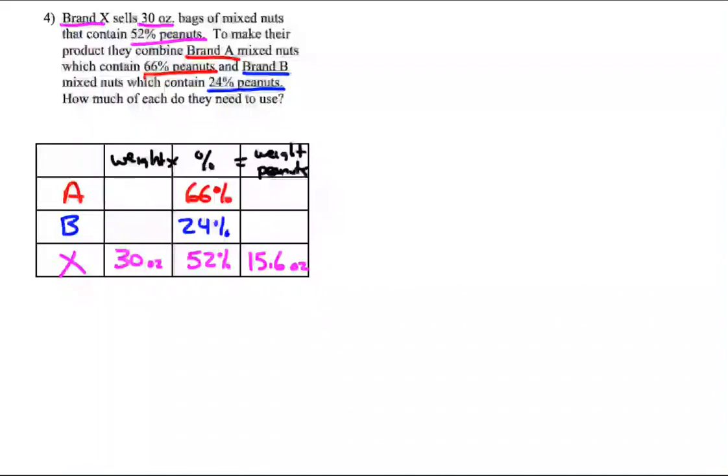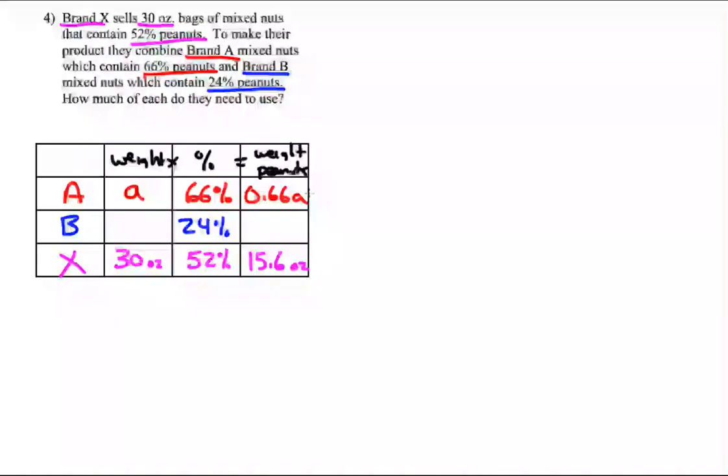The weight of A we don't know, so we'll call it A. And so the weight of peanuts would be A times 66%, which is just 0.66A.